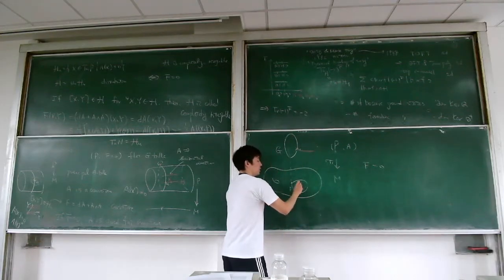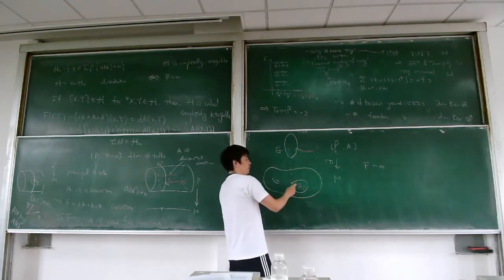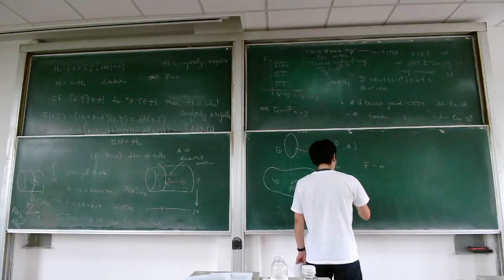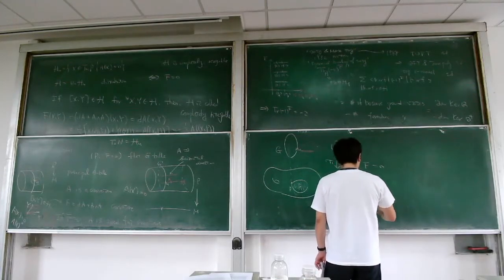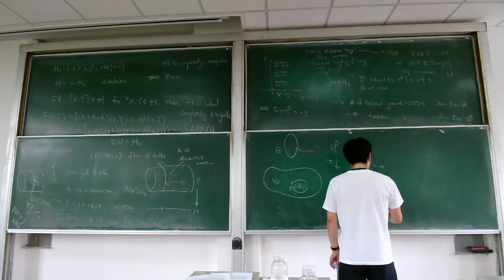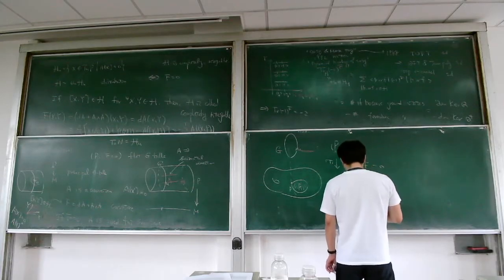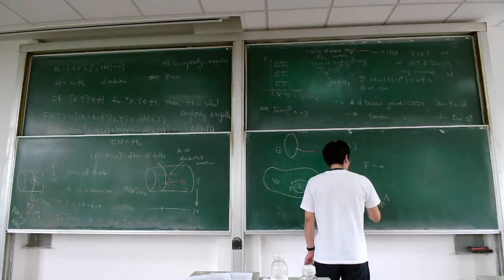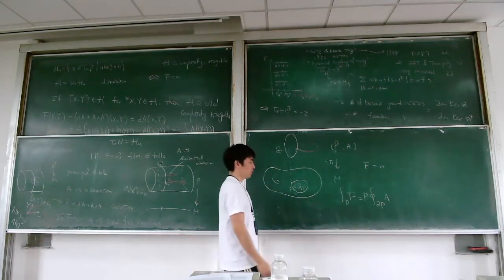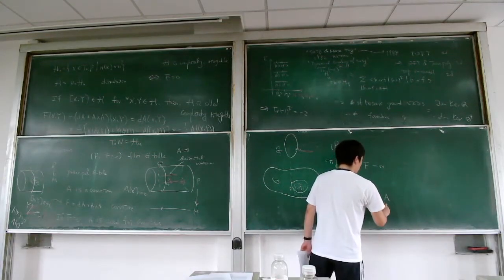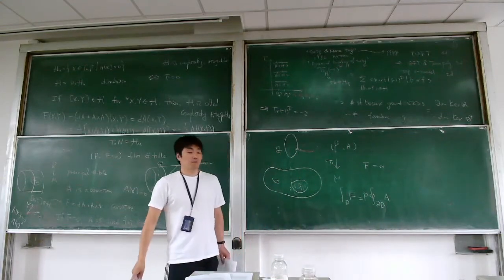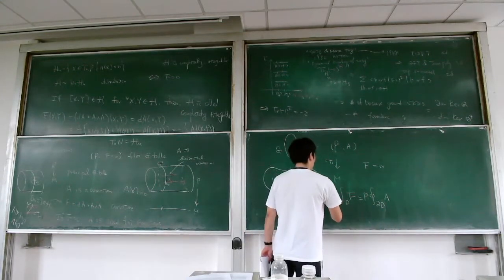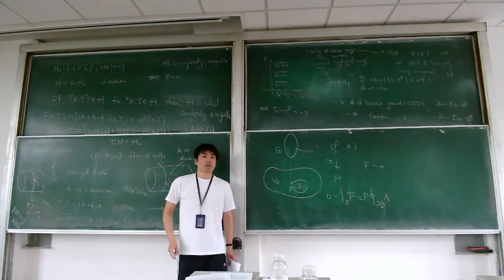So consider the region D here, the domain. This is in path order, the path ordered integral.